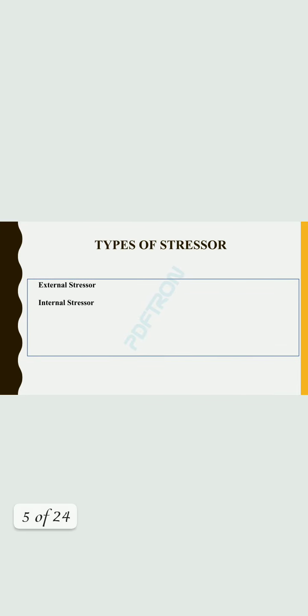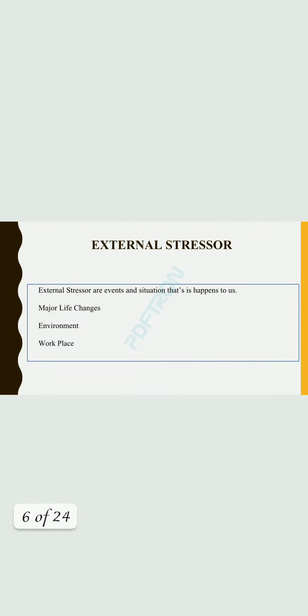Types of stressors. Now there are two types of stressors. First one is external stressors, second one is internal stressors. We will study what is meant by an external stressor. External stressors are those events or situations that happen to us in any kind of external environment.